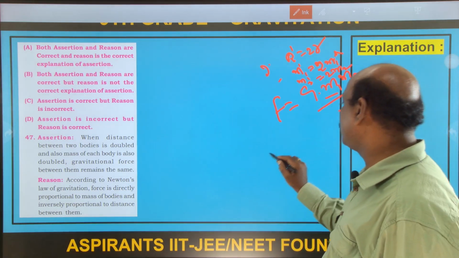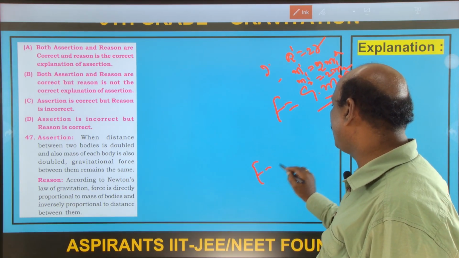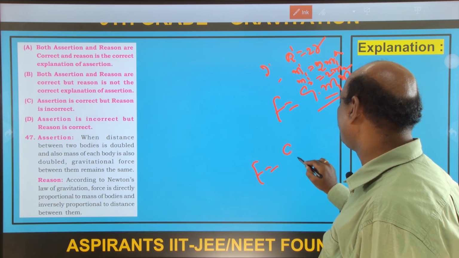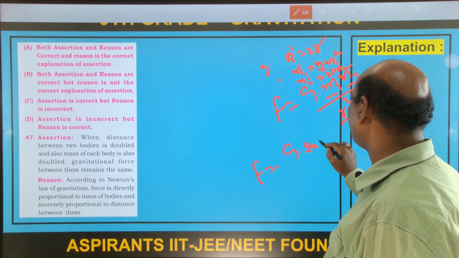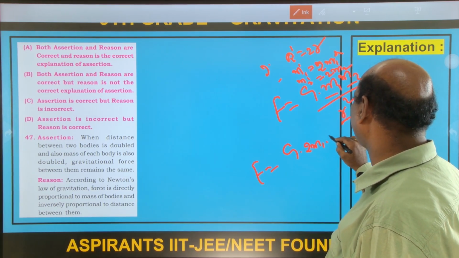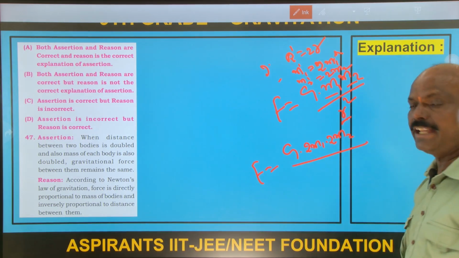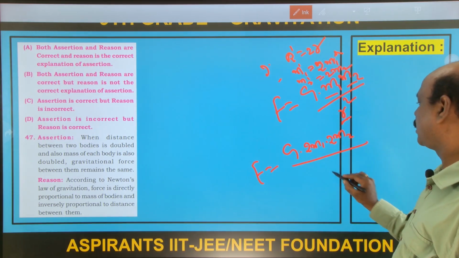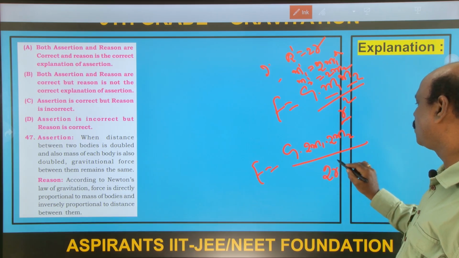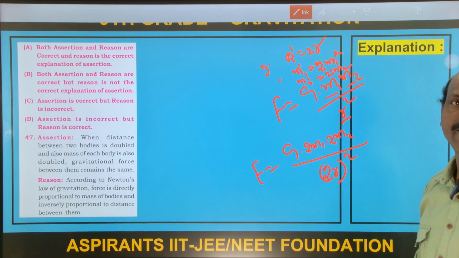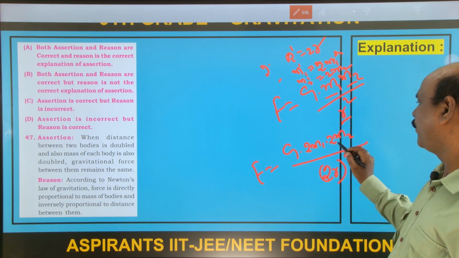So by substituting these values, if you observe, F will be equal to G into 2M1 into 2M2 by 2R whole square. You observe, 2 into 2 is 4.